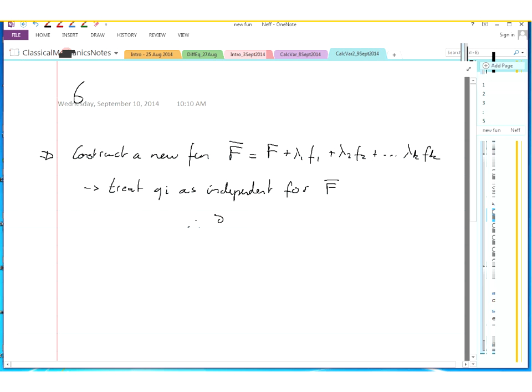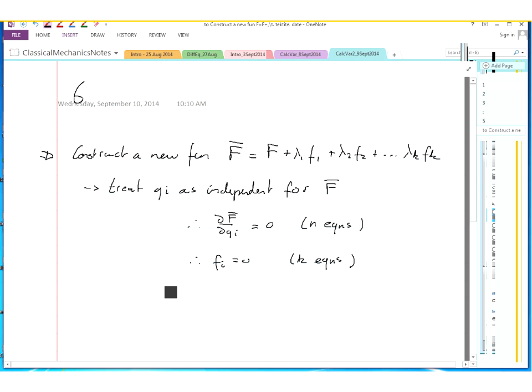So that means that the partial of f bar with respect to q_i is equal to 0, and that's n equations. And then we also have f_i equals 0.